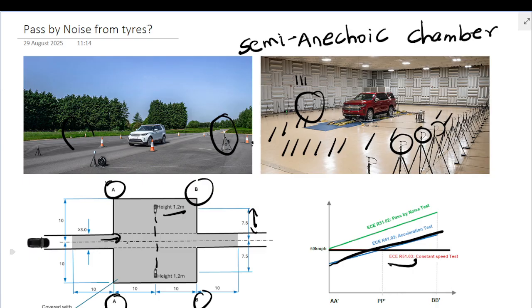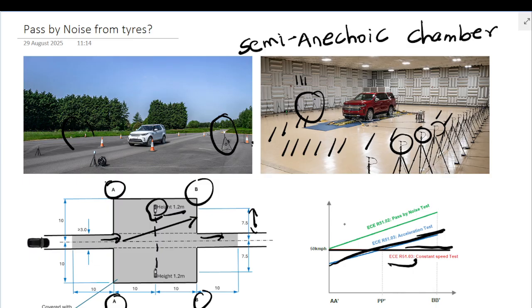You enter at a lesser speed and then accelerate the vehicle based on the power to mass ratio of the vehicle and which gear you have to select. Those will be in-depth analysis, but I will stay at a surface level here. You accelerate and exit through the BB dash line. This acceleration noise is captured by the mic, and we take the average of the constant speed noise and the acceleration noise to arrive at the final value, what we saw as 68 dBA in the example in the previous slide.